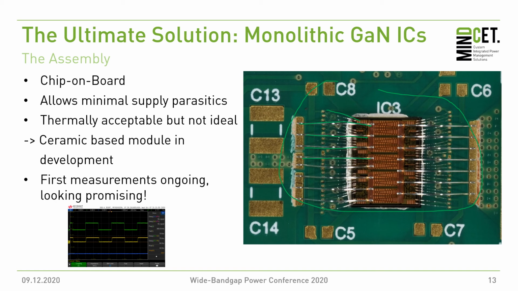But we have to admit that thermally it's acceptable but not ideal. So to get that even better, we are working together with CMAC on a ceramic based module to really get maximal heat performance. This is all very new, so the first measurements are ongoing. We have switching operation. There is decent efficiency, but we need to do some more measurements in the coming weeks and months to learn more. So this is definitely going to be continued.